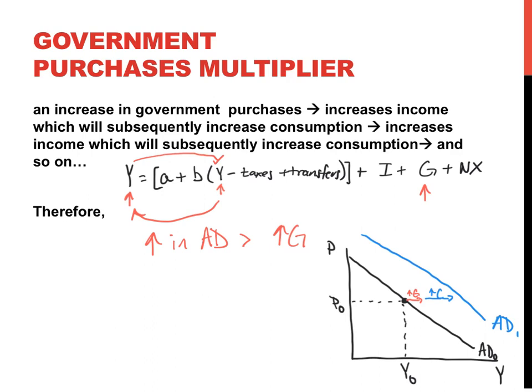And so to find the total change in real GDP, we can take the change in government spending and multiply it by our government purchases multiplier.